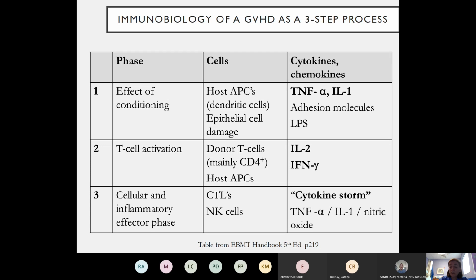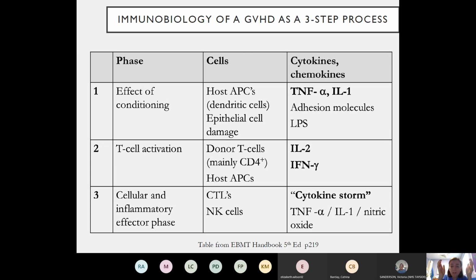And when they do so, they produce a further cytokine storm. So it's not hard to understand why when you've got active GVHD, you've often got a fever and you feel pretty awful. There's a kind of ramping up of the inflammatory process. And the 3 phases are the conditioning phase, the T cell activation phase, and the cellular inflammatory effector phase.